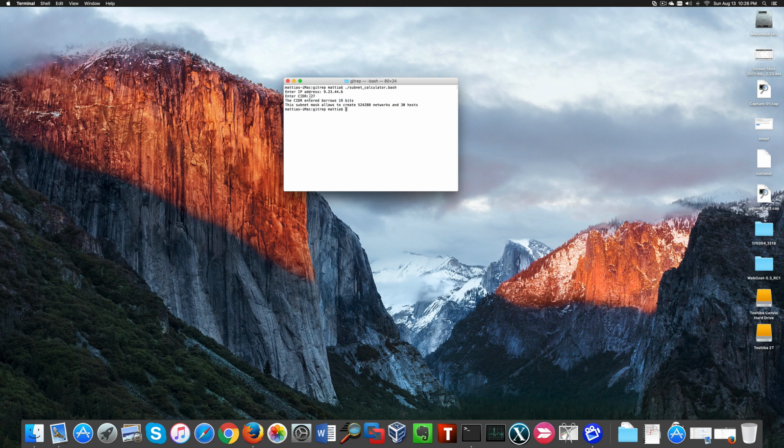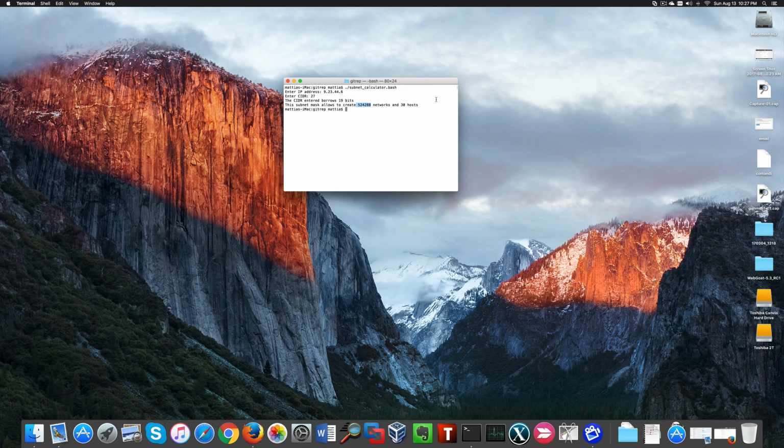So this is a classless, so it's a 27, which means it borrows 19 bits from the host portion to create this one. So we have 2 to the 19th power, which gives us this huge number.